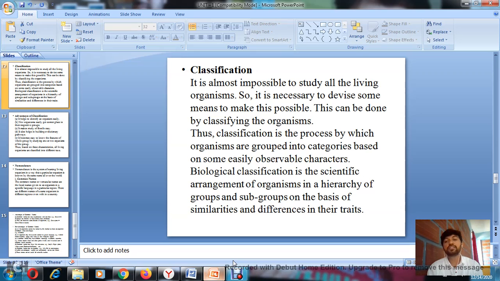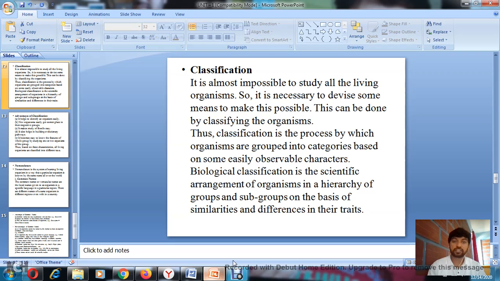Biological classification is the scientific arrangement of organisms in a hierarchy of groups. In biological classification, there is a hierarchy: kingdom, phylum or class, division, family, genus, and species. All the seven categories will be followed in the arrangement of an organism in a proper hierarchy, right?